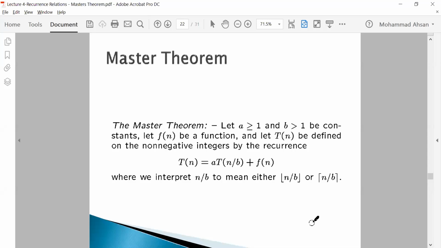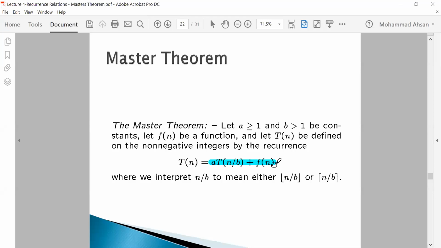It's always T(n) divided by something, and that means you're dividing the problem into subproblems, and how many subproblems there are, that is a. So on the right hand side you have a subproblems, and the size of every subproblem is n by b. Plus you have some function f(n), which is the additional work I was talking about.